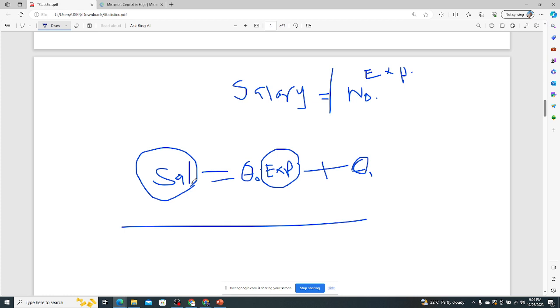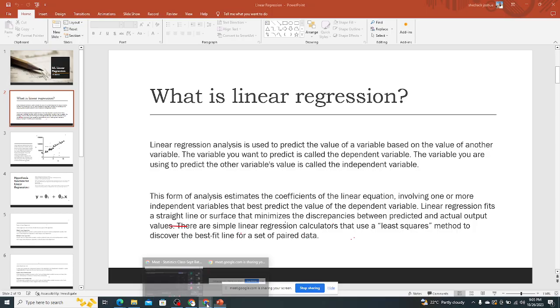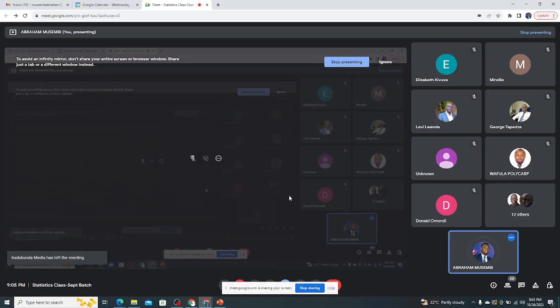So we must have historical data when we are dealing with linear or regression analysis. Okay, are we good up to that point? All good?